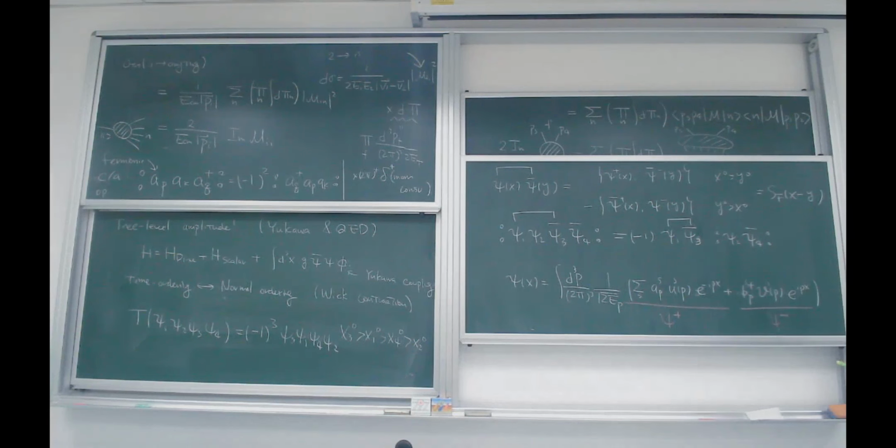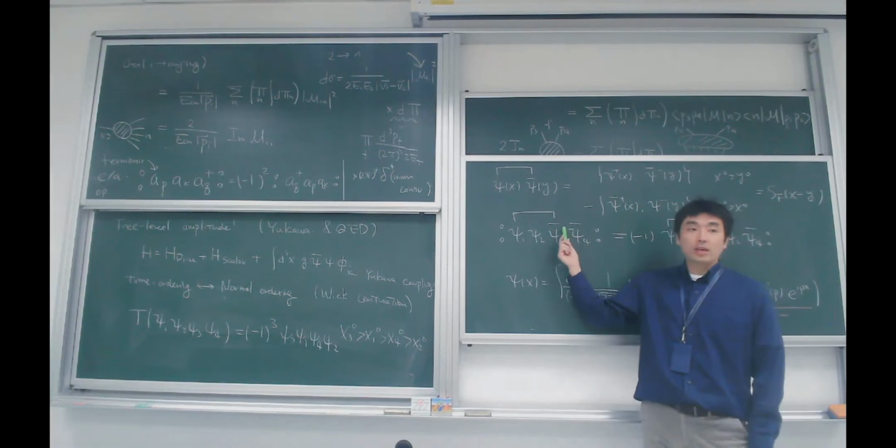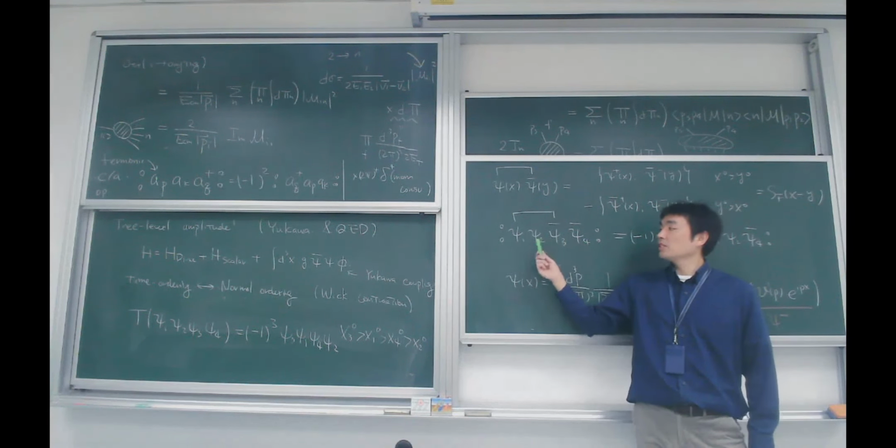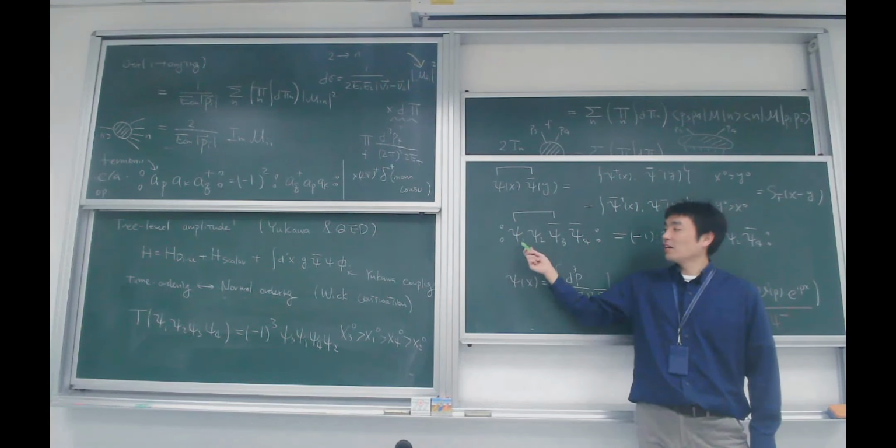Like this way. So always when you take a contraction, you always need to take the neighboring ones. So therefore, psi 2 and psi 3 are swapped, so therefore you have a minus sign. Okay.